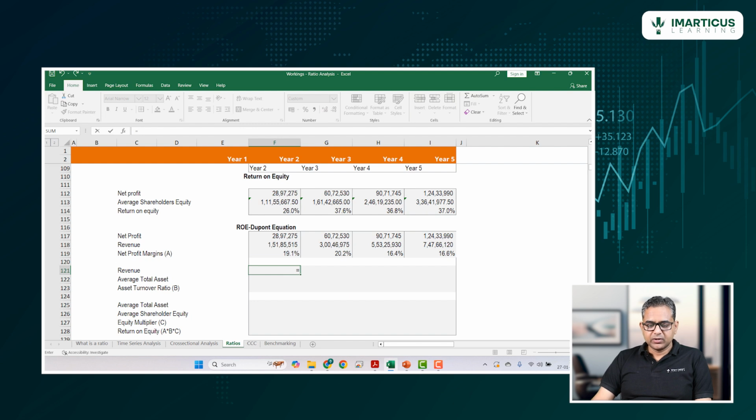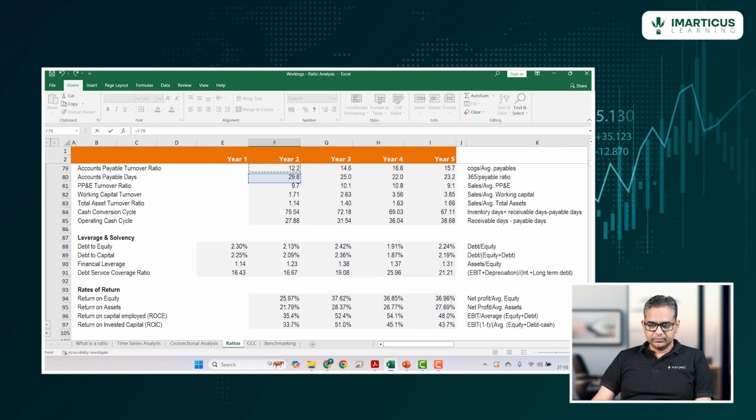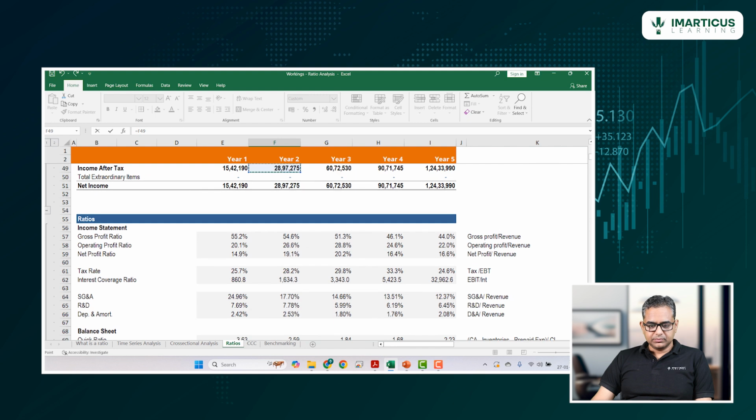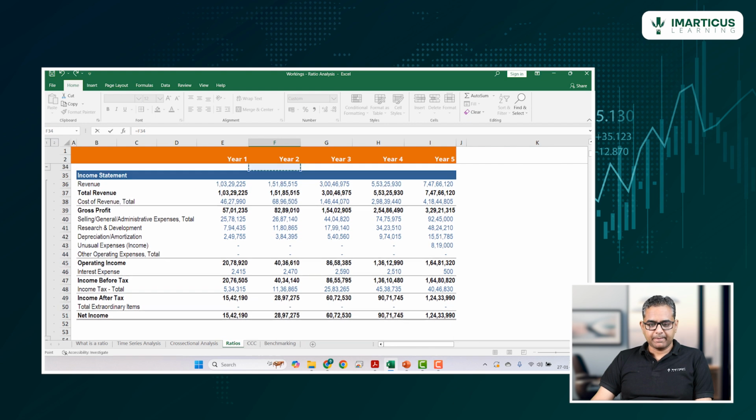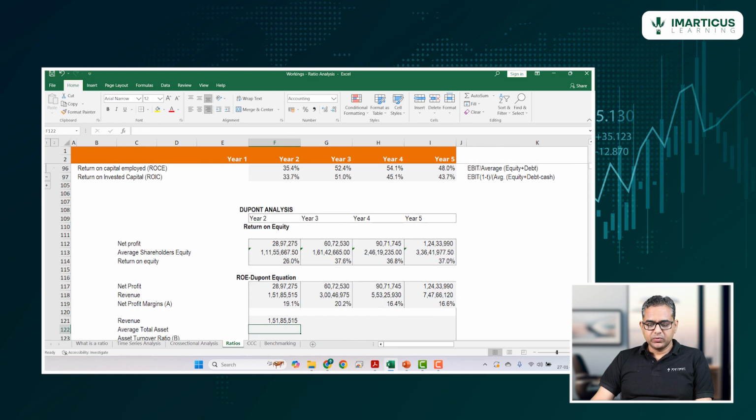Let's look at asset turnover ratio. This is our revenue divided by average total assets.